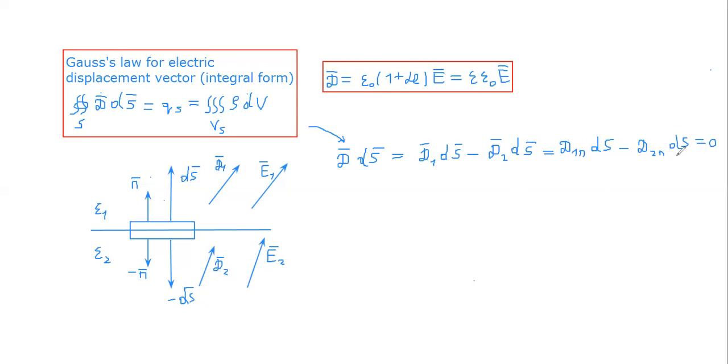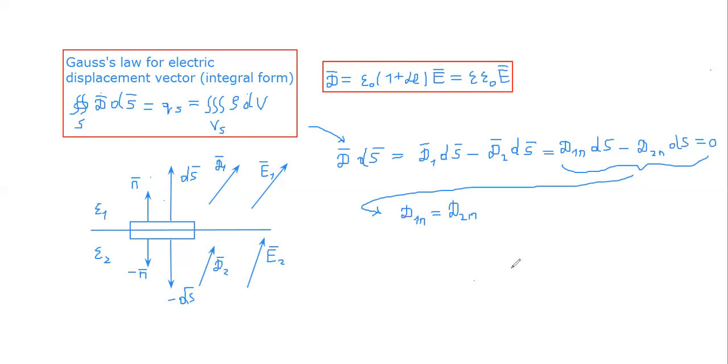And from this relation, we have the first boundary condition: d1n is equal to d2n, so normal parts of the electric displacement vector are equal.